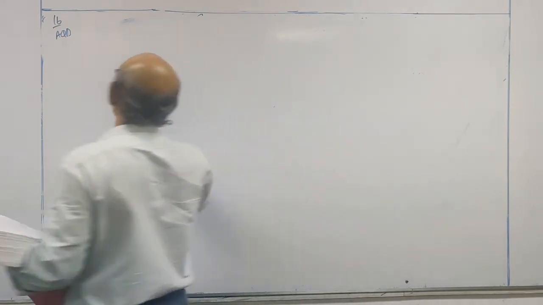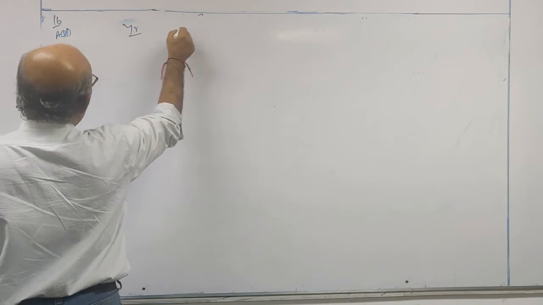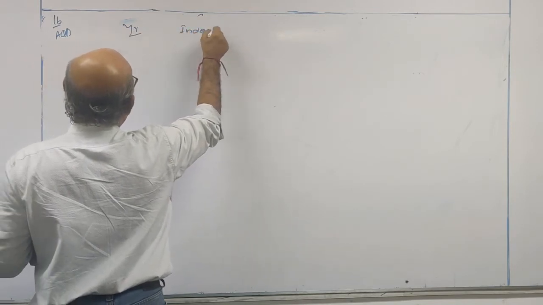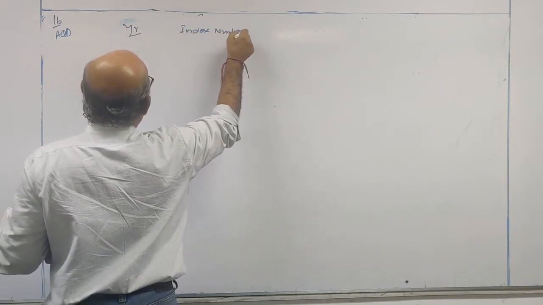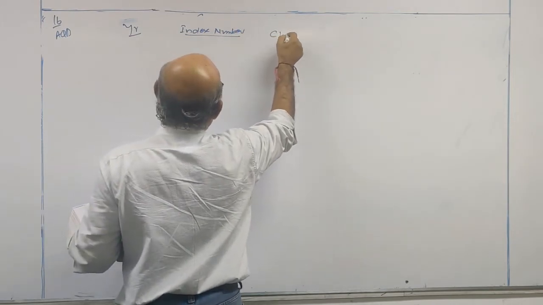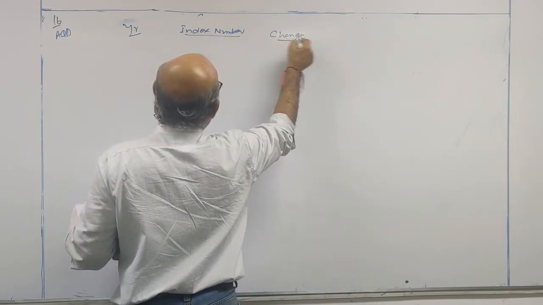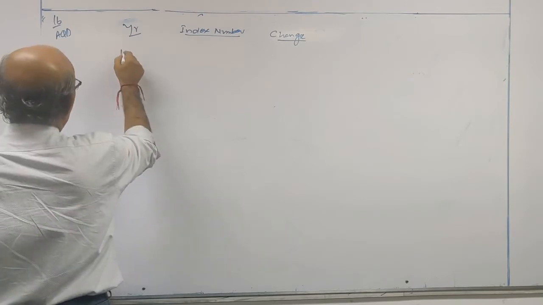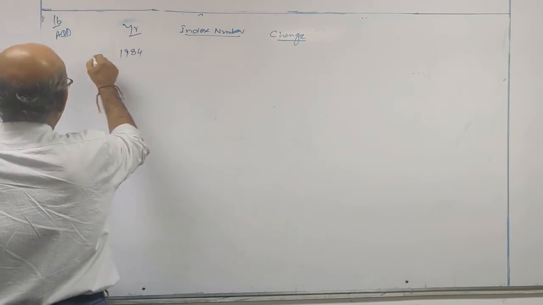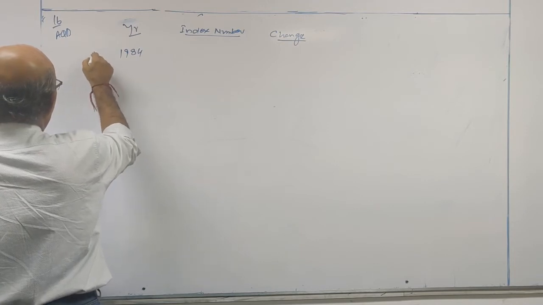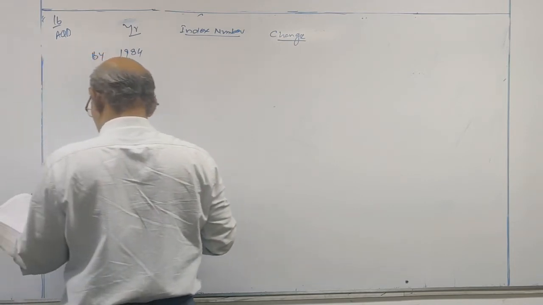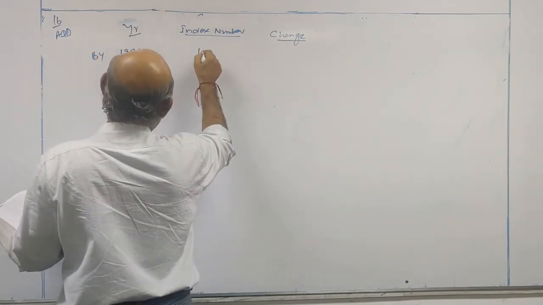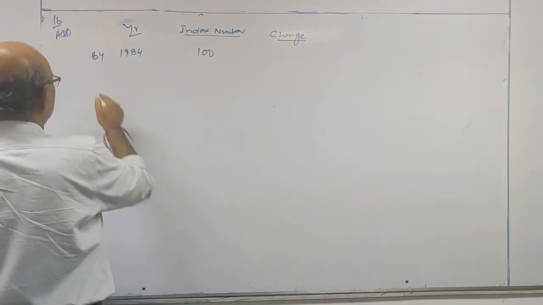Okay, we have three columns: year, index number, change. Base year is 1984. Index of base year is not given, so we have to take it as 100.